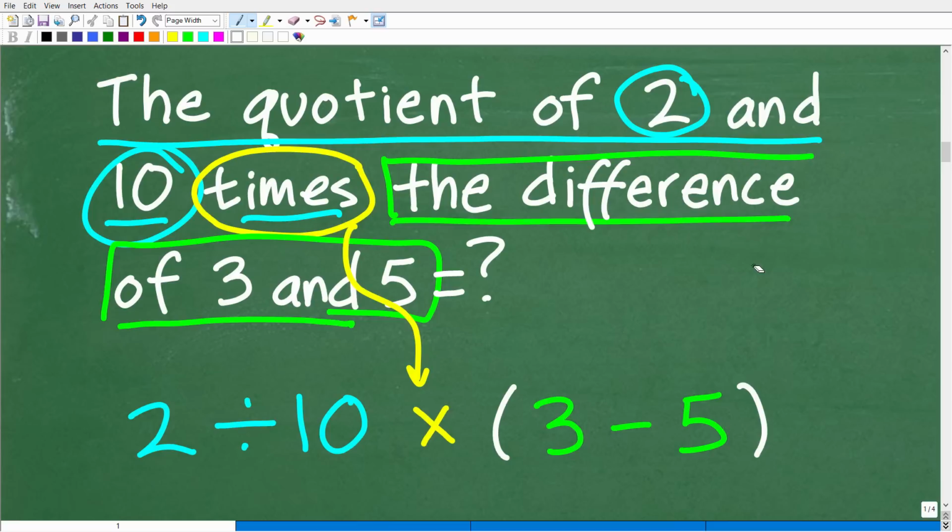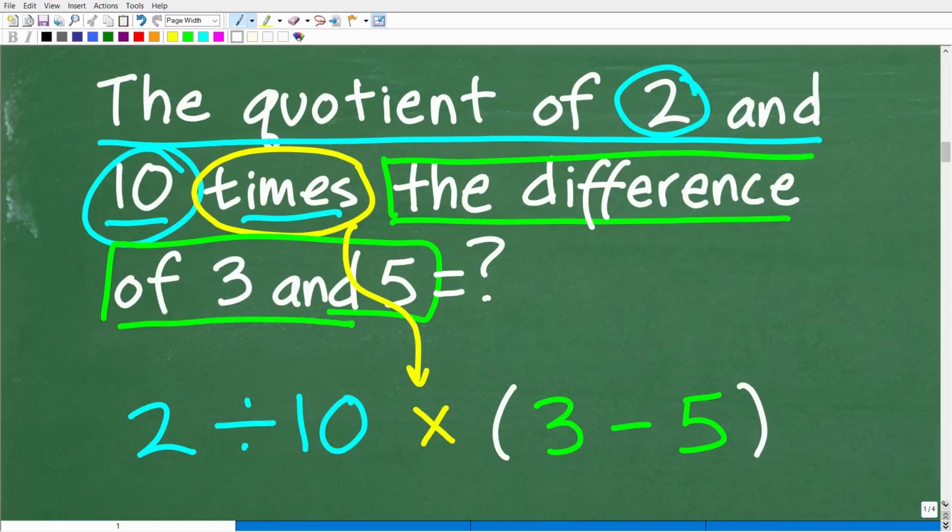And this comes up over and over again. So many mistakes are made because students do not put their sums and differences in grouping symbols. It's hard for me to give you algebraic examples right here, but just believe me, anytime you have something that says the difference or the sum, just put that expression in parentheses.